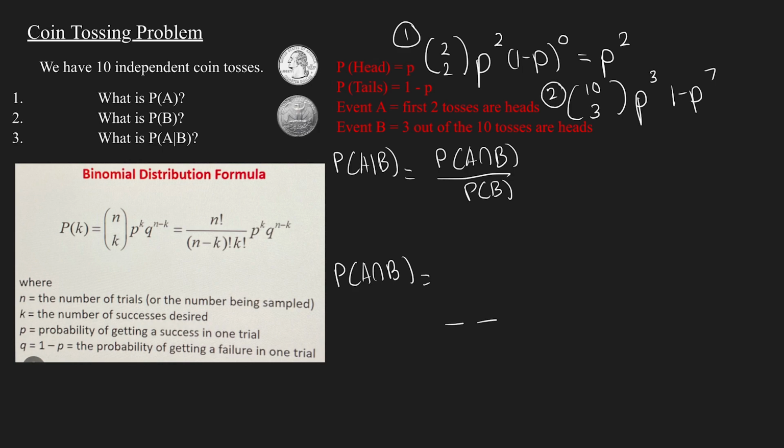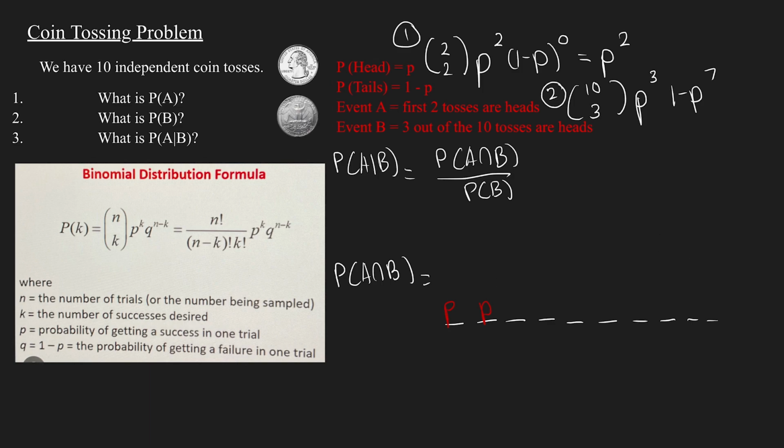So let's draw 10 lines. And remember, we have to meet both criteria. The first 2 tosses are heads, so let's write 2 heads in the beginning. And we need 3 heads out of the 10 from event B. But we don't have the specific location of the third heads, so we're going to have to use binomial probability.